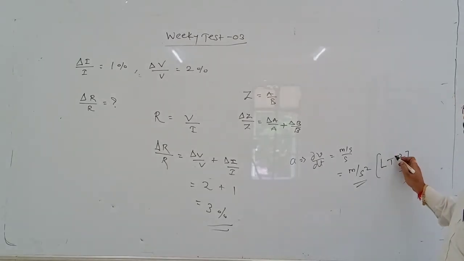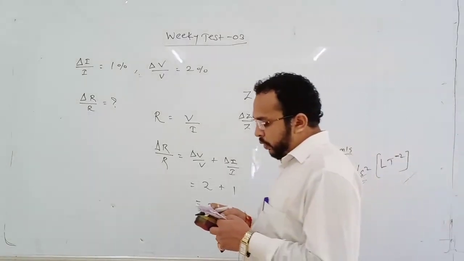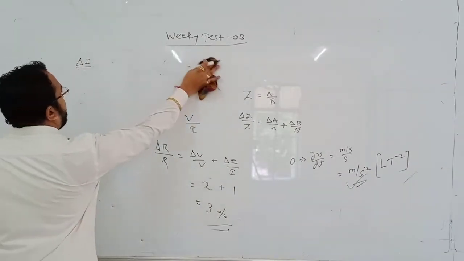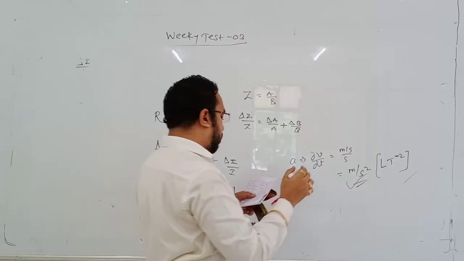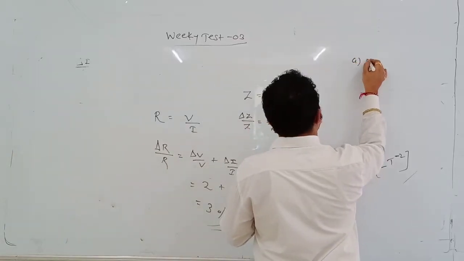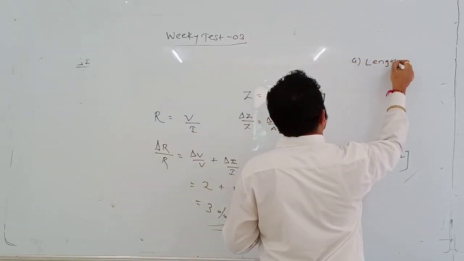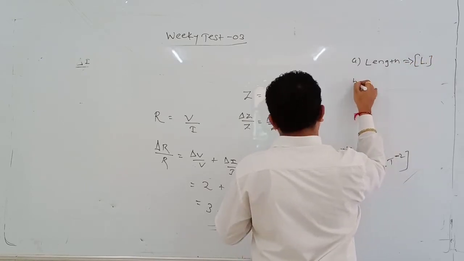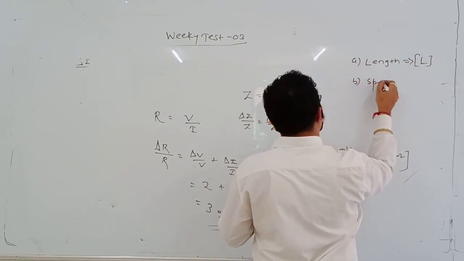LT minus 2. These are the dimensions. This is the unit. Next question. Which of the following is not a fundamental quantity? First, length. Dimension L. Option B, speed.